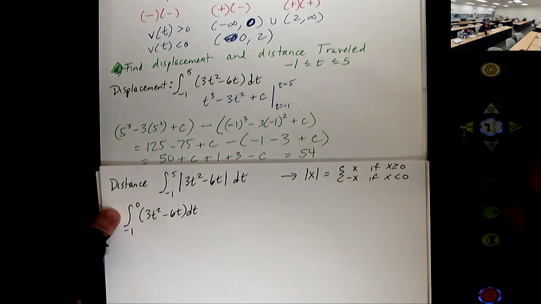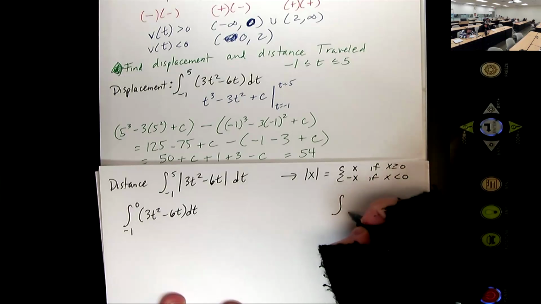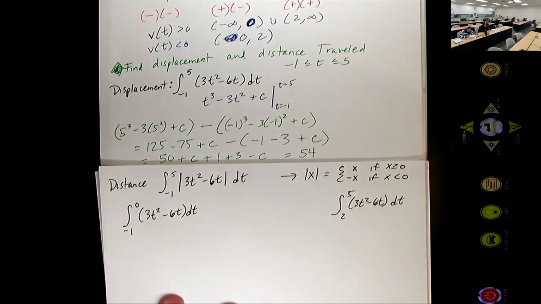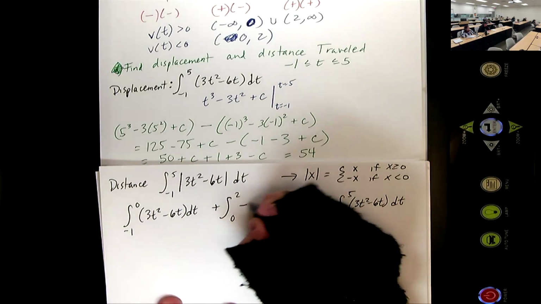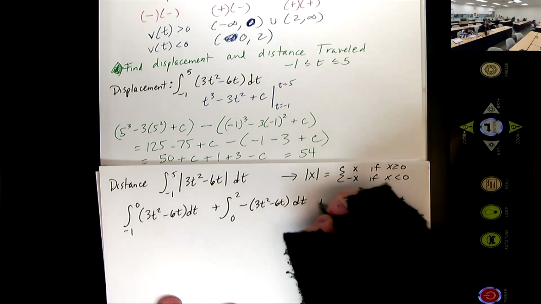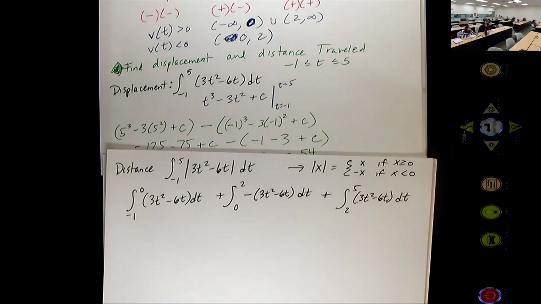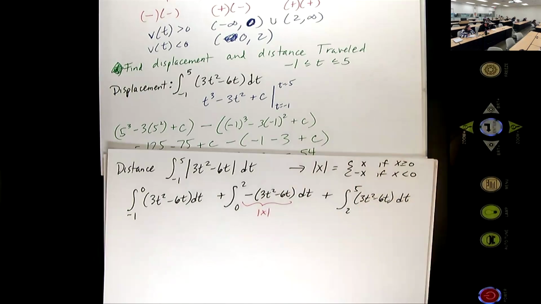From -1 to 0, it's positive. It's also positive from 2 to 5. But it's negative from 0 to 2. And we can move the negative outside, but I did want to show that's coming from the absolute value of the expression.